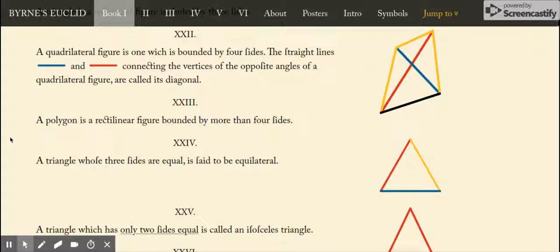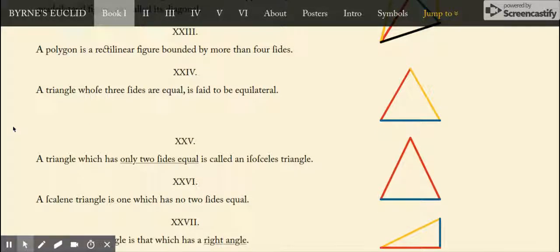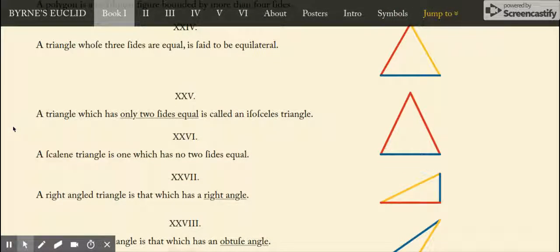A polygon is a rectilinear figure bounded by more than 4 sides. A triangle whose 3 sides are equal is said to be equilateral. A triangle which has only 2 sides equal is called an isosceles triangle. A scalene triangle is one which has no 2 sides equal.